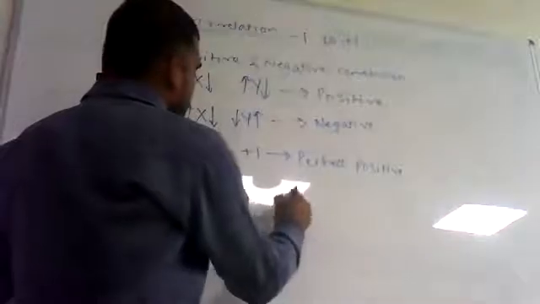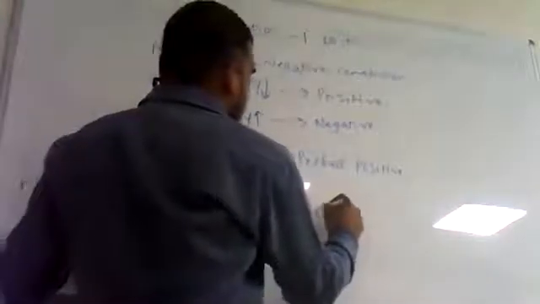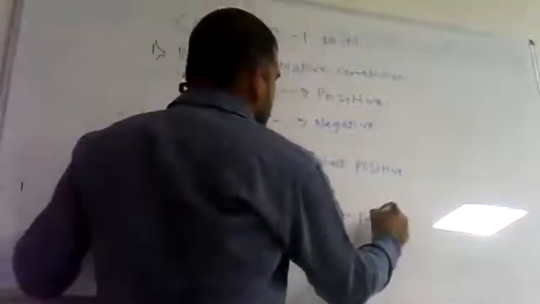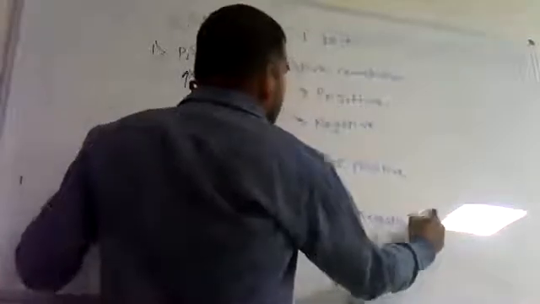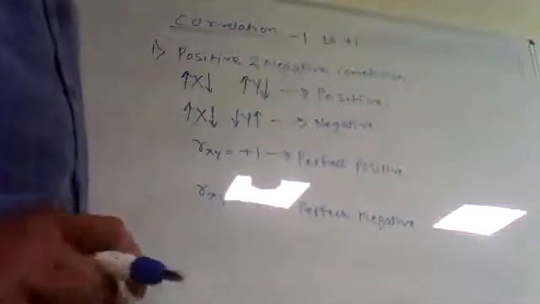When correlation between x and y is -1, it is called as perfect negative correlation. Understood? कोई दिक्कत है इसमें? Is there any problem with positive and negative correlation? No problem. Okay. This is the first type of correlation, positive and negative.